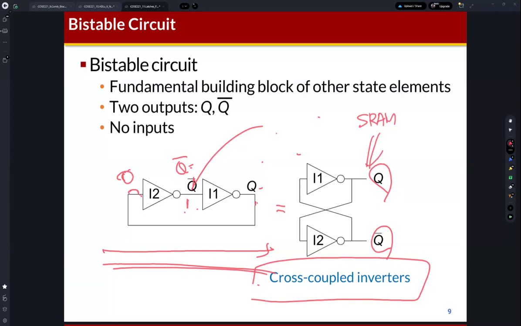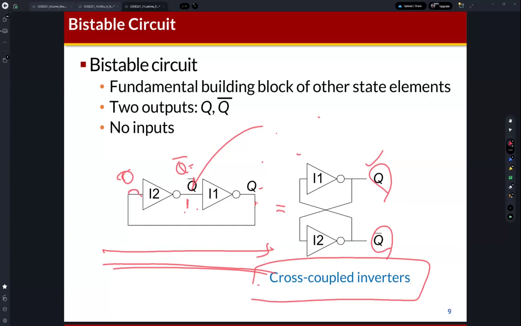Unlike DRAM, our chips include internal memories, and internal memory can be implemented using a bistable circuit, like SRAM. So if we use the cross-coupled inverters, then we can implement a memory circuit.